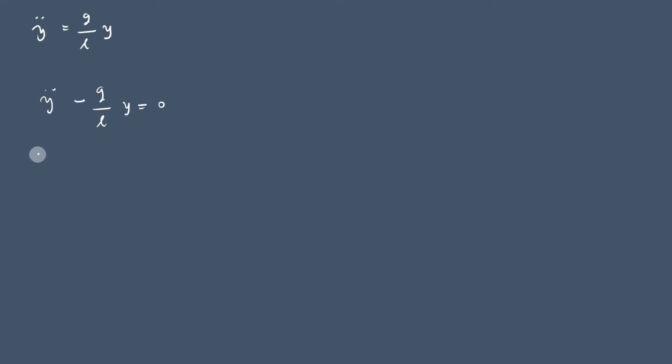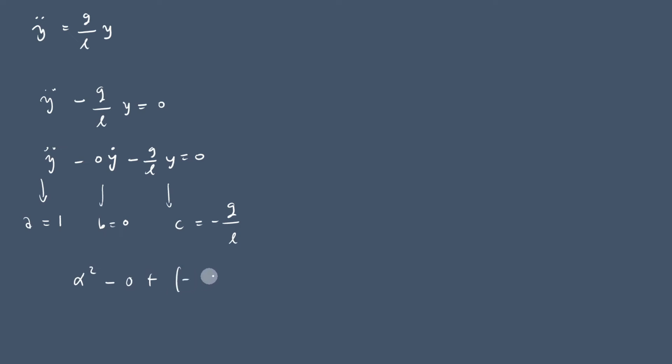We can write it like this. The coefficients are a equals 1, b equals 0, and c equals minus g divided by L. We can rewrite the equation as alpha squared minus g divided by L equals 0. So alpha equals the square root of g divided by L.